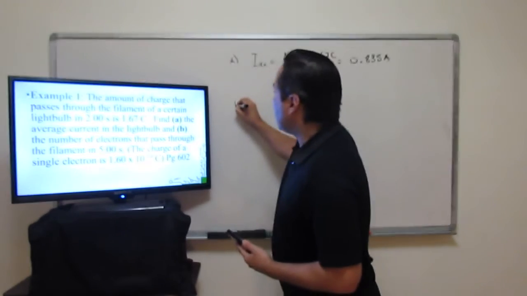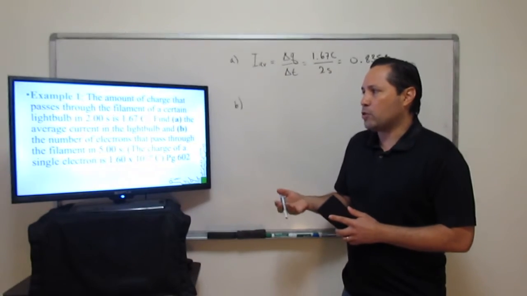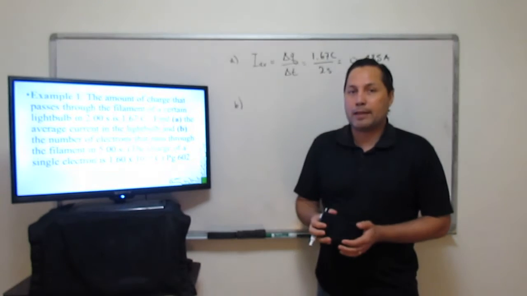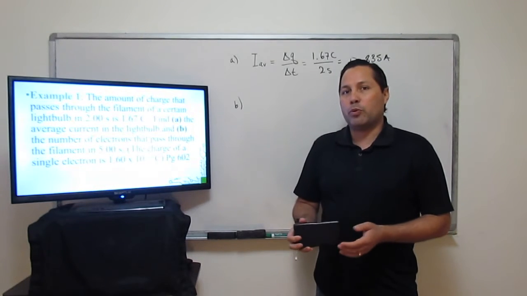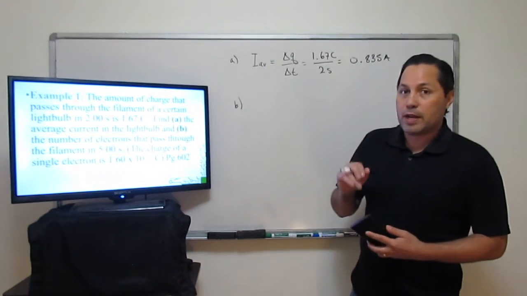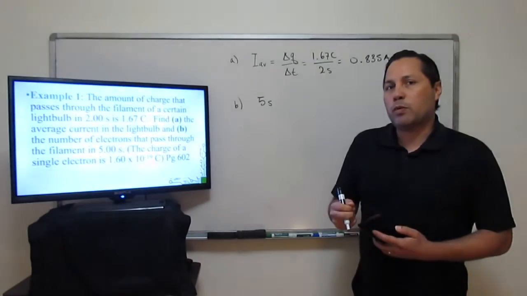In part B, we're now asked to find the number of electrons that pass through the filament in 5 seconds, and given to us at the bottom is that the charge of one electron is 1.6 times 10 to the negative 19 coulombs. So our time is 5 seconds. And how much charge will we get in 5 seconds?